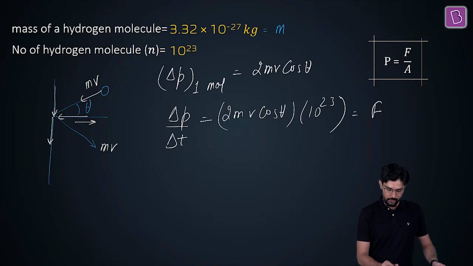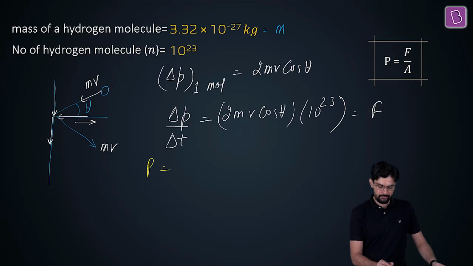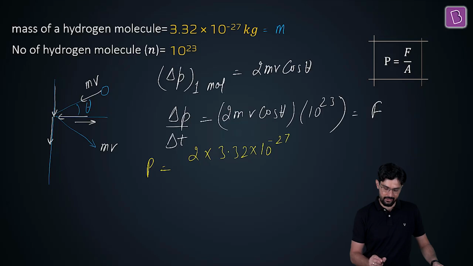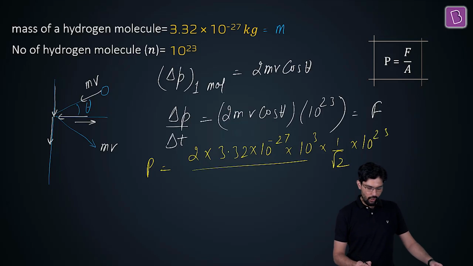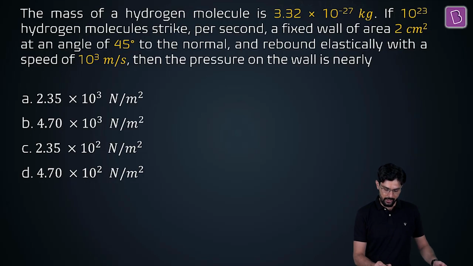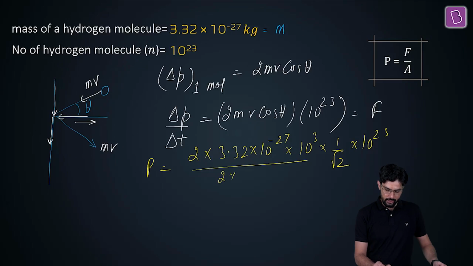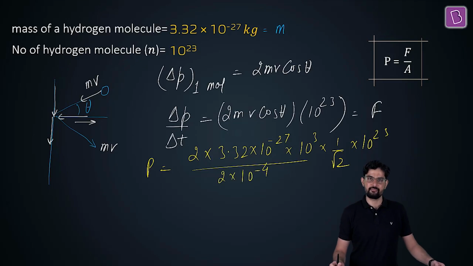And now let's use the formula. So pressure is going to be equal to 2. Let's put the values. What is m? Well, m is 3.32 into 10 raised to the power minus 27. v is 1000, that is 10 raised to the power 3. Cos 45 degrees is going to be 1 by root 2, into 10 raised to the power 23, divided by the area of the wall, which is 2 centimeter square, that is 2 into 10 raised to the power minus 4 meter square.